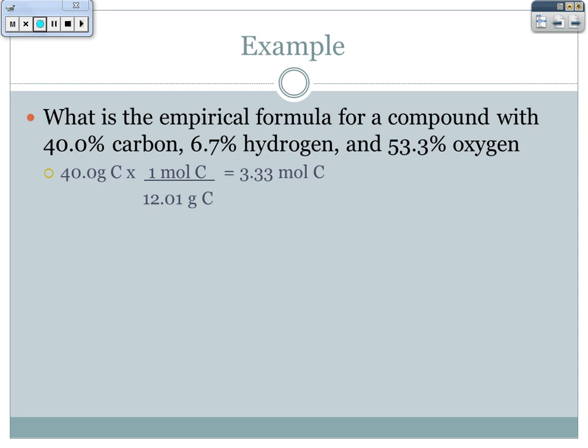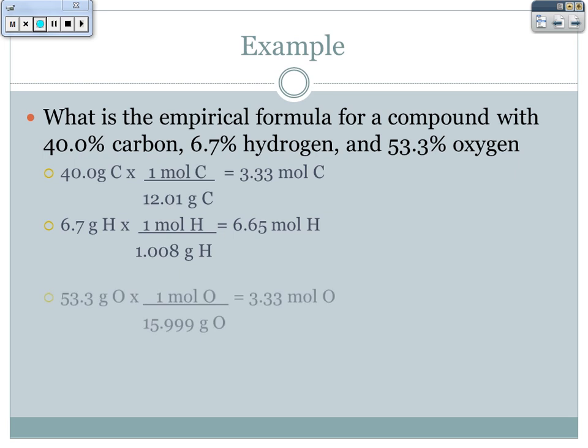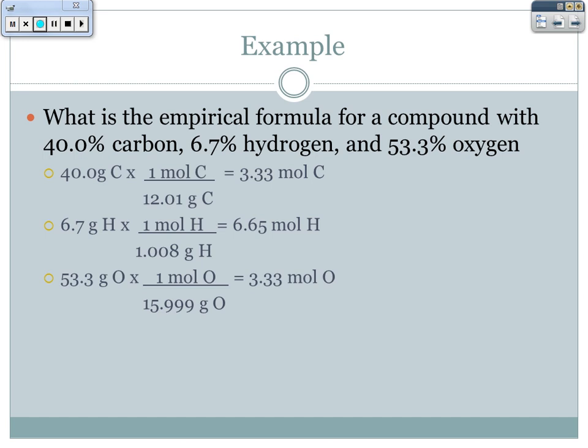Multiply it by its molecular weight, and I get 3.33 moles of carbon. 6.7% hydrogen becomes 6.7 grams of hydrogen. Multiply by its atomic weight, and you get 6.65 moles of hydrogen. And 53.3% of oxygen becomes 53.3 grams of oxygen, times it by its atomic mass, and you get 3.33 moles of oxygen. Now, the smallest number of moles for this is going to be 3.33.